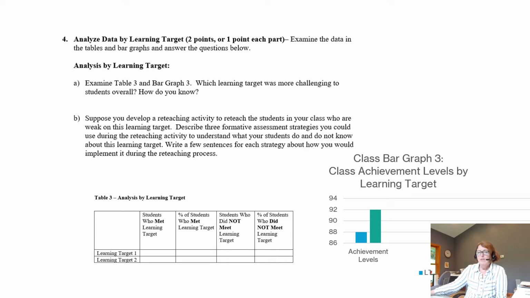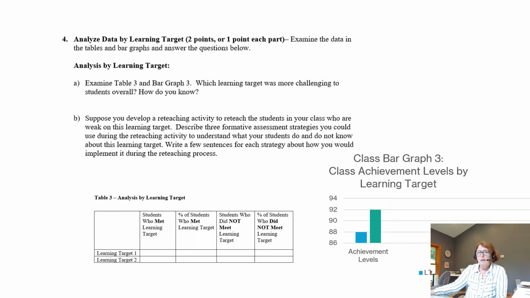If you look at learning target 2, you can see that 92% in the green bar were correct on that learning target. So obviously learning target 1 was lower, and you could say because the achievement level 88% was lower than what they scored on learning target 2, which was 92%.